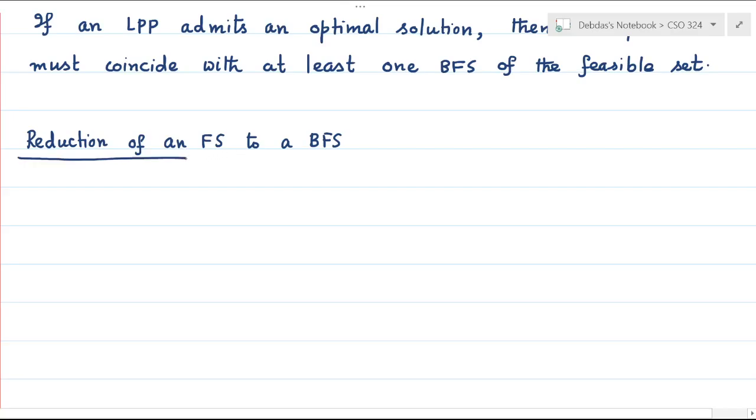So we start by letting a feasible solution be given before us, then we will reduce it to a basic feasible solution, and inside the proof the process will be known to us. I state the result as a theorem.